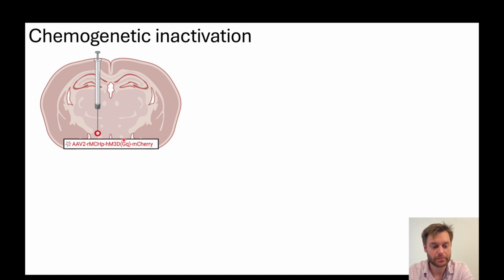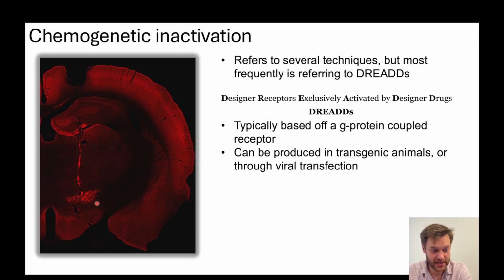So the next part is that we have this mCherry thing right here, and this is just a fluorescent protein, so you can actually see where the virus expressed. This is actually a picture from a rat brain that I injected DREADs into for an experiment that I did fairly recently, and you can see what I'm highlighting down here, this little red blotch.